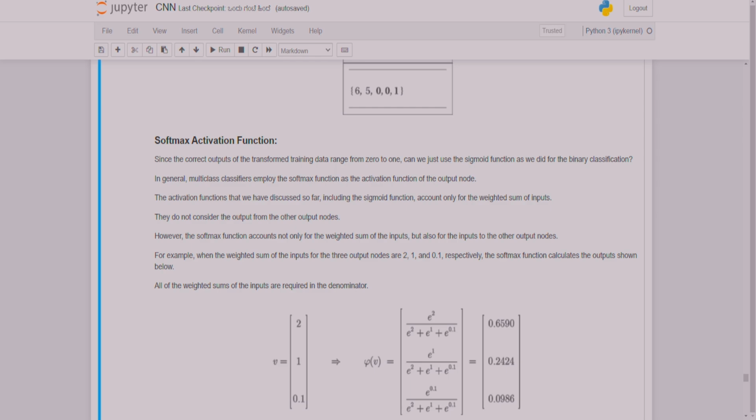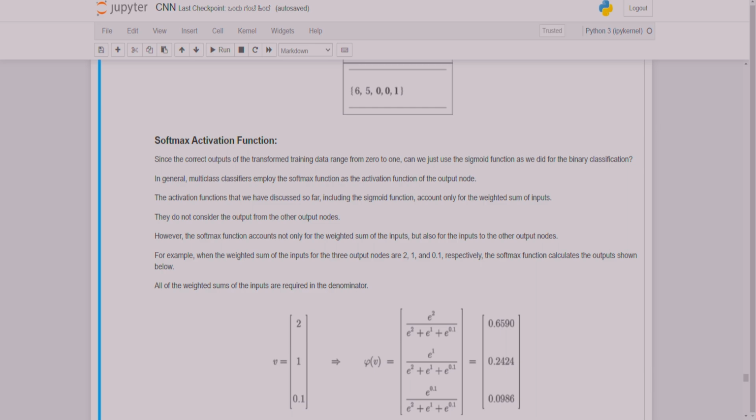We understand that if you have a partial output value, it will be converted into a range, say -1 to +1 by the sigmoid function. So far, we have used this successfully for a simple binary classification, the 1 or 0 case. It worked very fine because there is only one neuron and only one input will come. You just have to tell whether this input belongs to this side or this side.